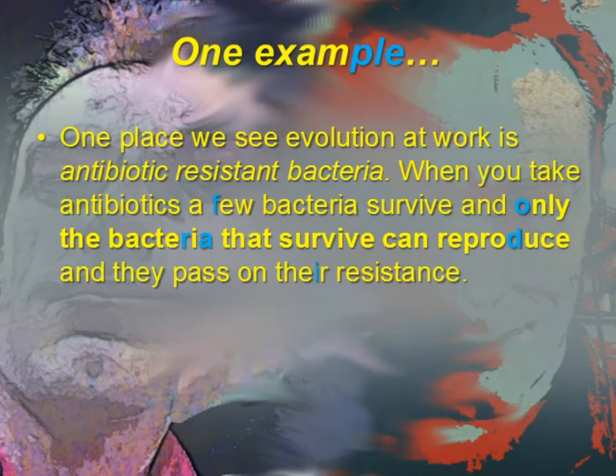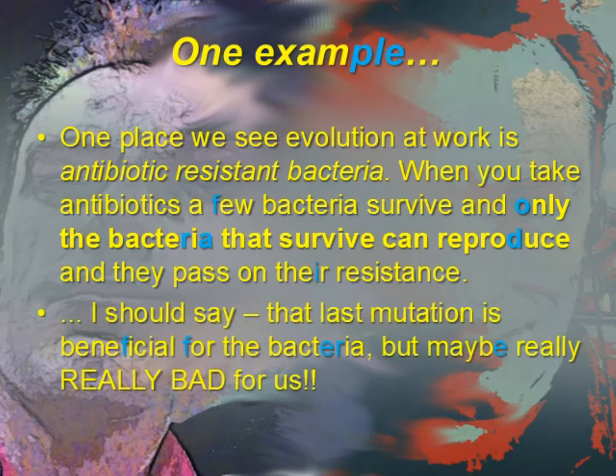All of the bacteria that were killed by the antibiotics do not pass on their lack of resistance. So we should point out that this mutation is really beneficial for the bacteria and might be really bad for us. We need to be very careful about how we use antibiotics, otherwise they may stop working and then we could face a serious disease problem.